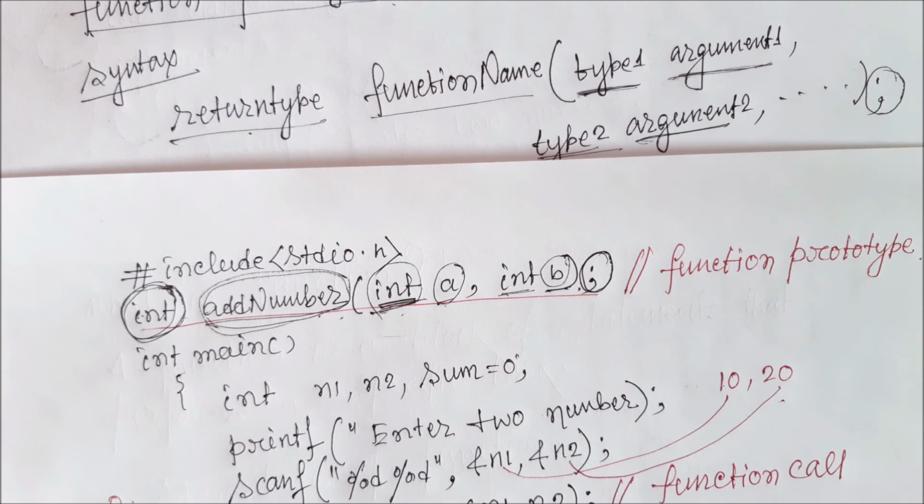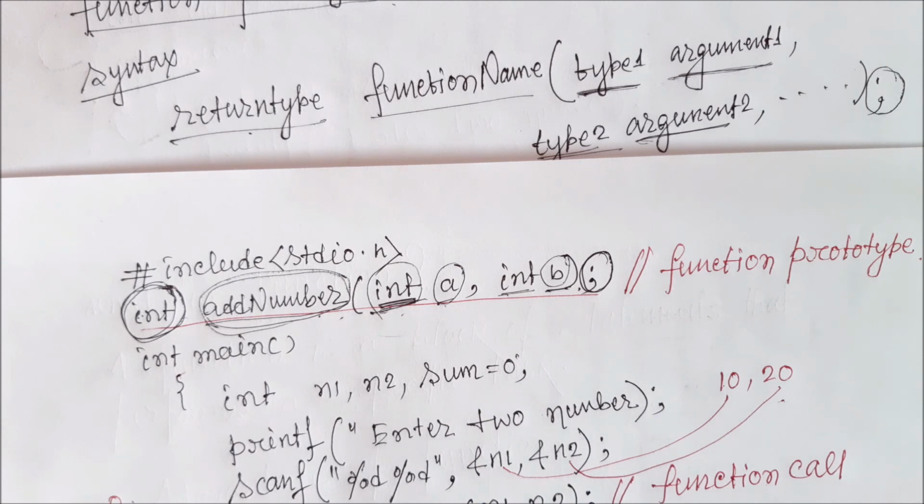Okay. So far we have learned what a function prototype is. The function prototype means it gives information to the compiler, so that the function may be used later in the program. The function prototype is not needed if the user defined function is defined before the main function. In this example, this is my user defined function add number.